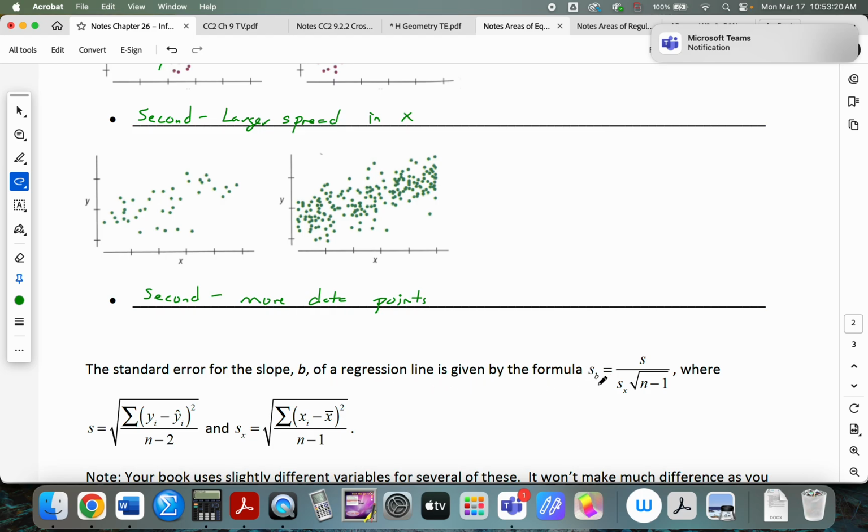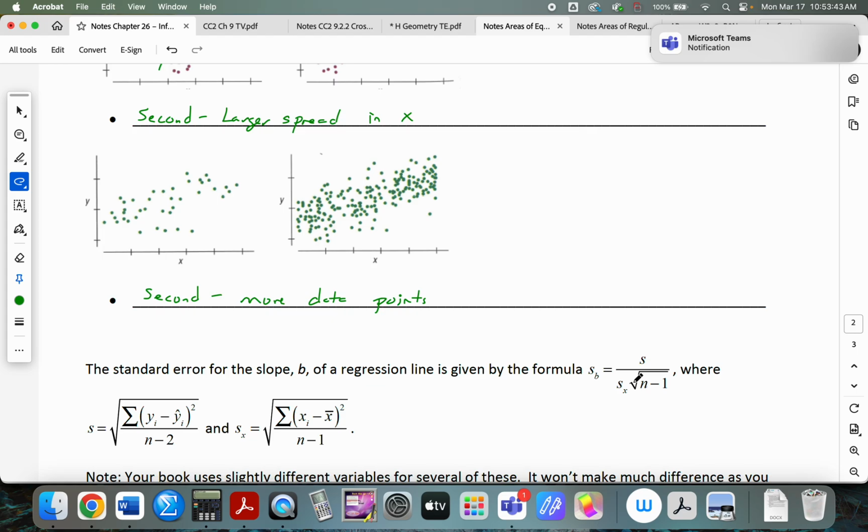S sub b is equal to s over s sub x times the square root of n minus 1. I don't remember if that one's on your formula sheet or not. Why, yes, it is, in exactly that format.